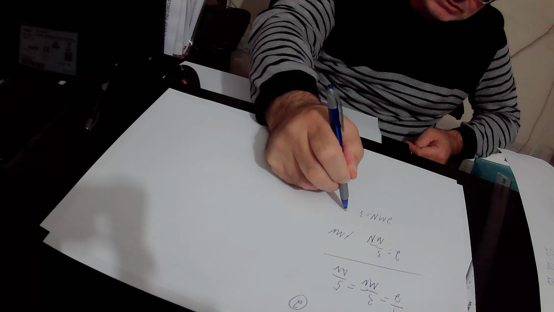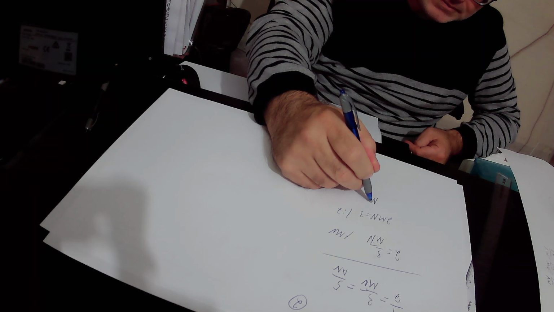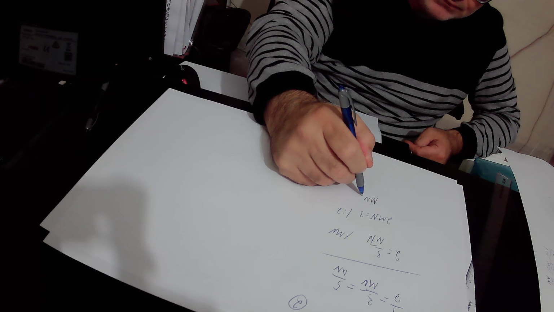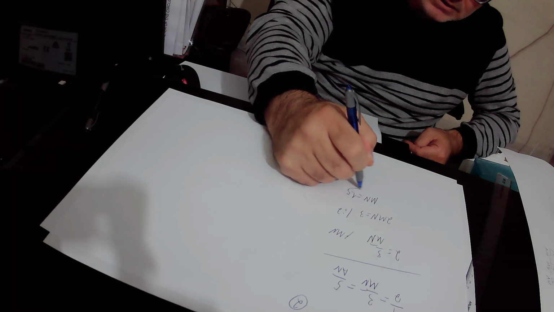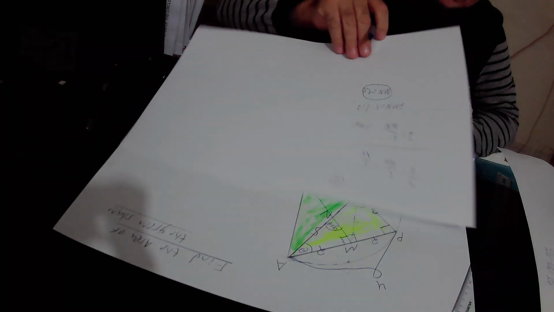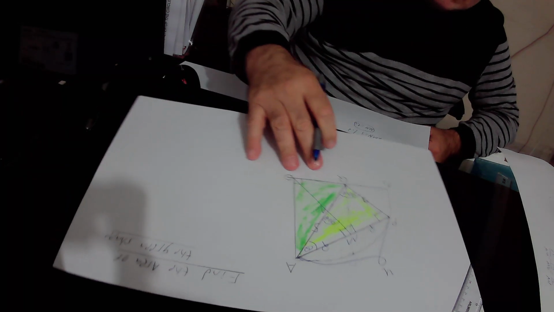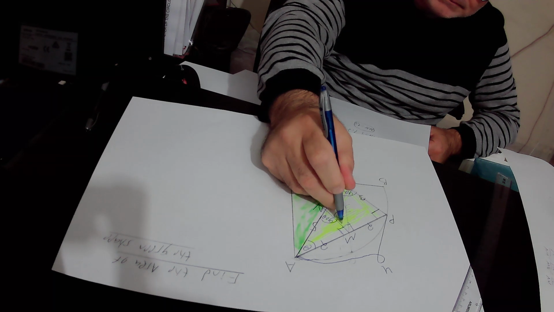We divide this equation by 2 and we get that MN equals 3 over 2, that is 1.5. MN equals 1.5 units. I write down in the drawing that MN equals 1.5 units.